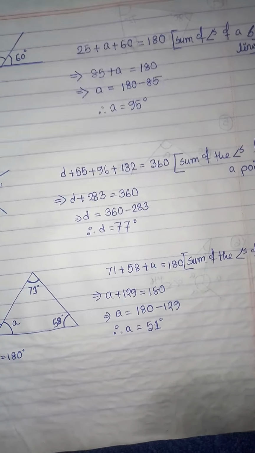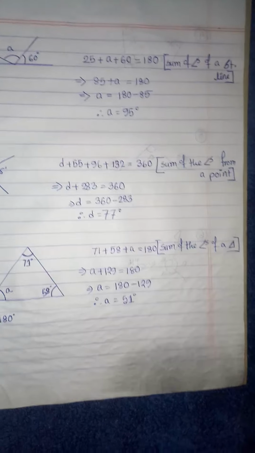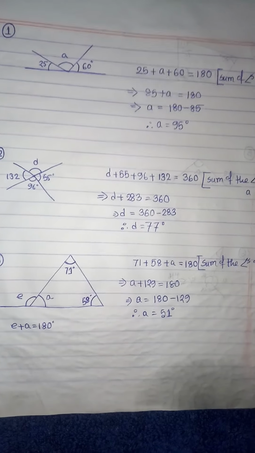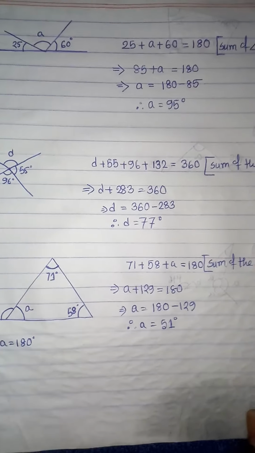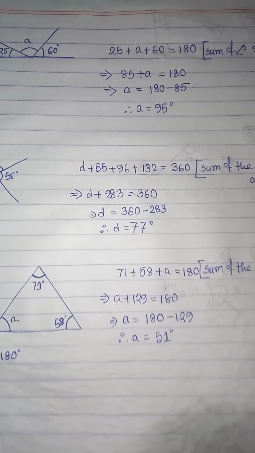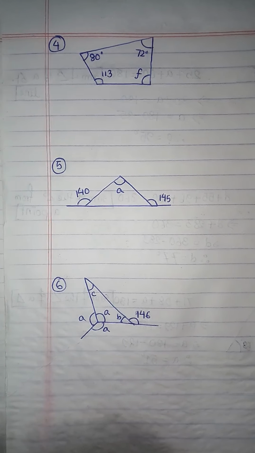I hope these three were very easy for you guys. I hope you are clear with these three solutions. Now we are moving on to the next section. These are the new problems we need to solve.